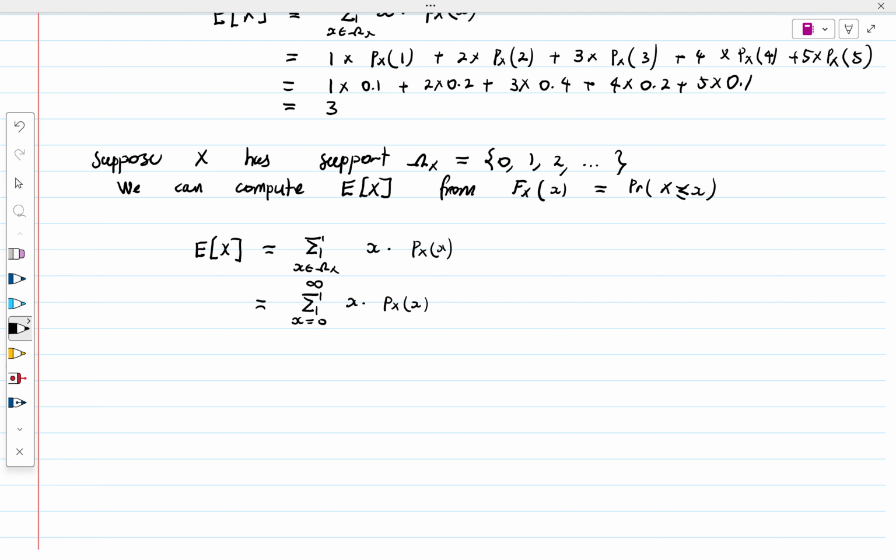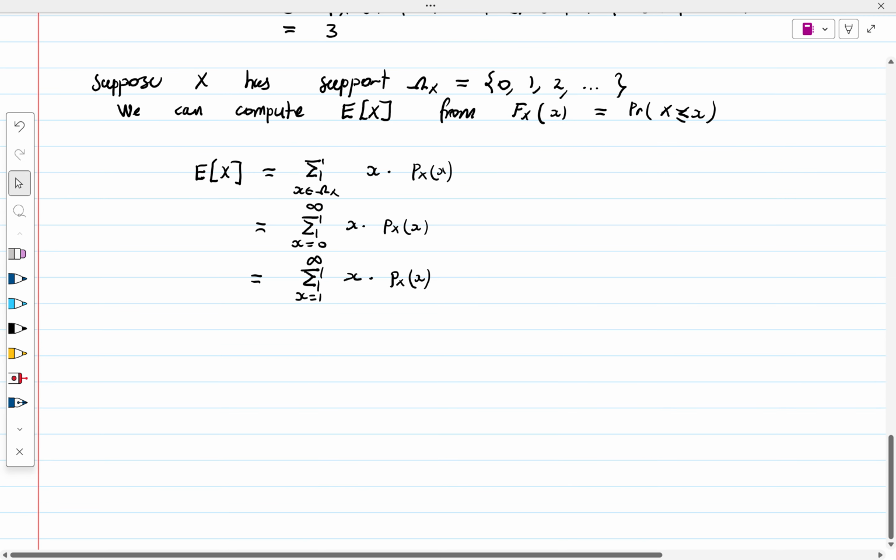The next thing I want us to note is that for the very first term, where x equals 0, 0 times the probability X equals 0 cancels out. So I can just start my summation at 1, because the first term will simply collapse to 0.